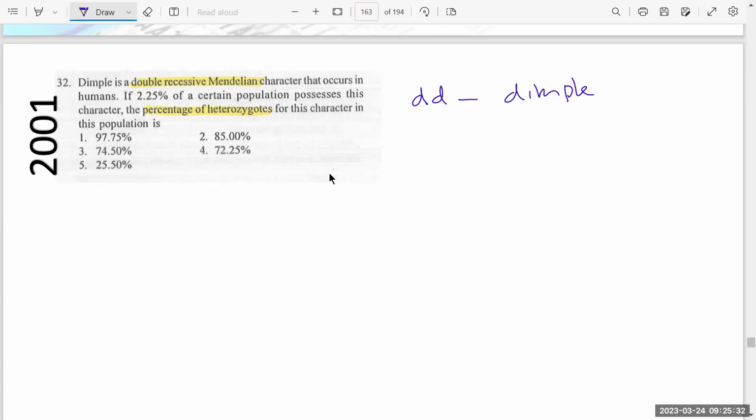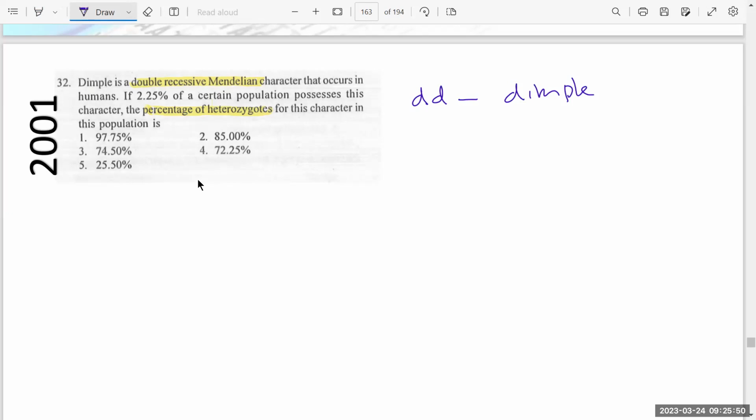Can you try to get the answer, or should we do it? Would you try? So we can say q squared is equal to 2.25 percent. Put it in the equation.